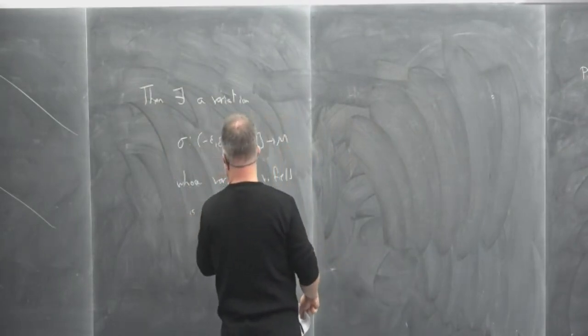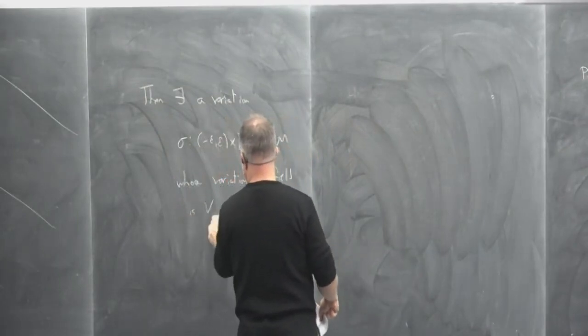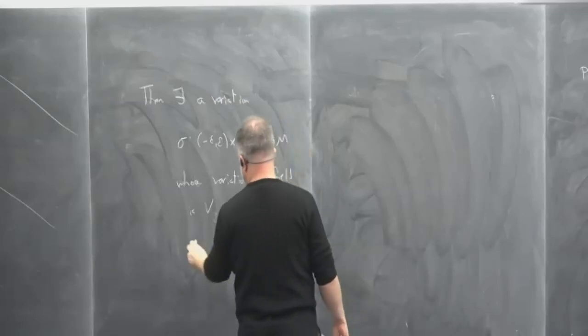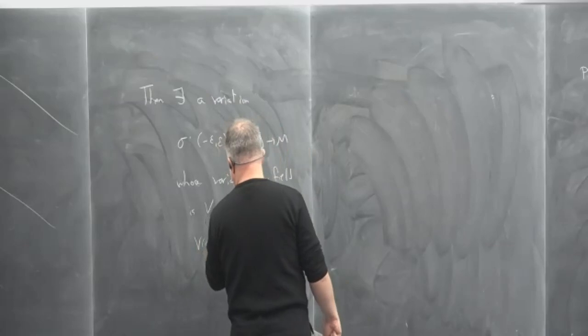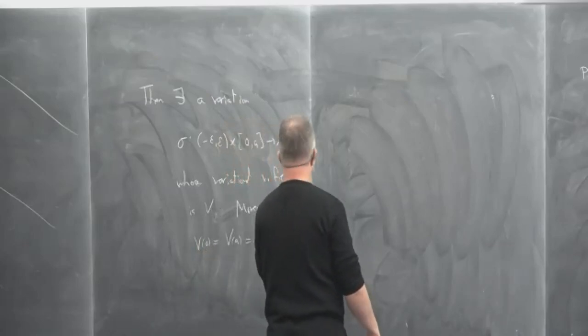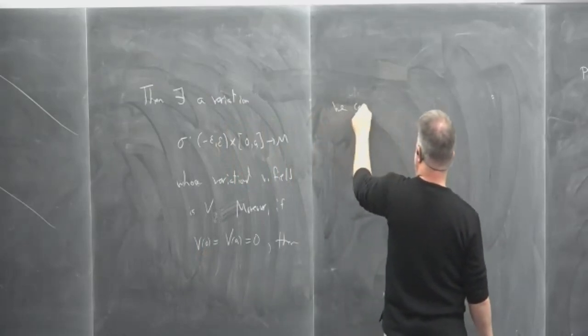And moreover, if V at 0 and V at A are 0, then we can choose sigma to be a proper variation.